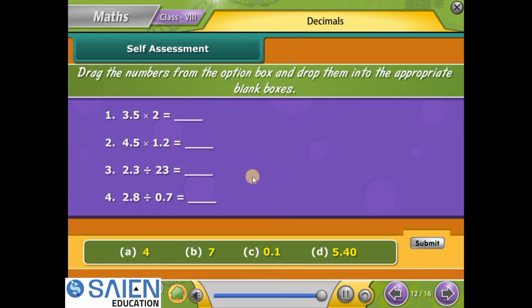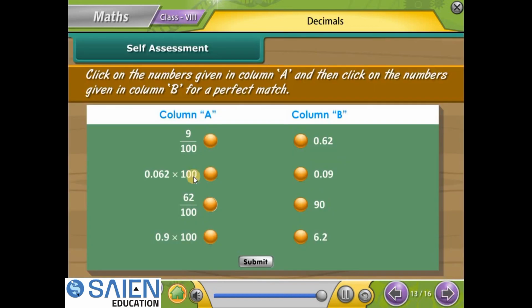Self-assessment. Drag the numbers from the option box and drop them into the appropriate blank boxes. Self-assessment.